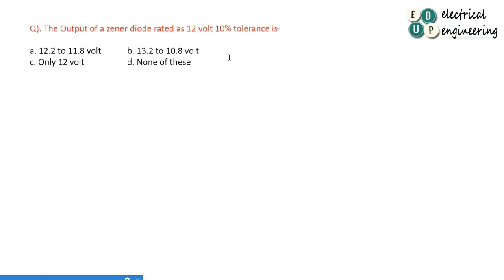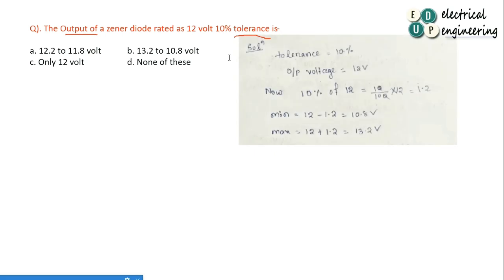Come to the next question. The output of a Zener diode is rated as 12 volt with 10% tolerance. Find the maximum and minimum value of the output voltage in which it is tolerated. Here 10% of 12 equals 12 into 10 by 100, which is equal to 1.2.